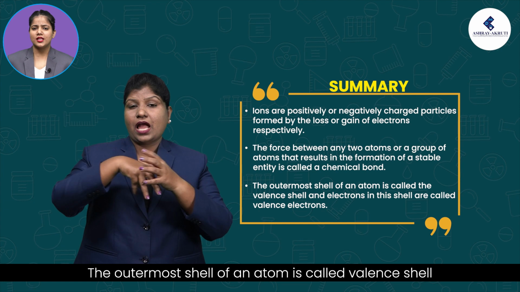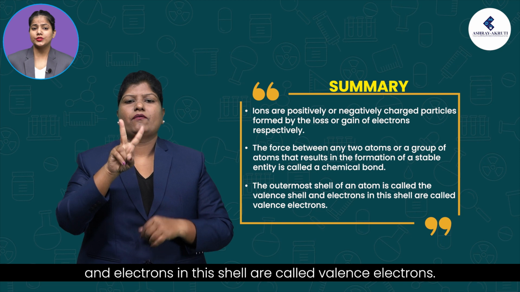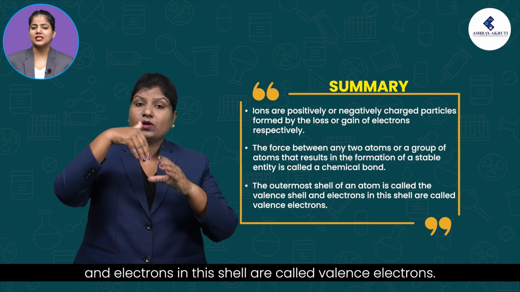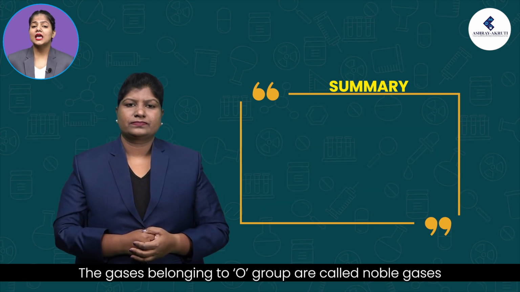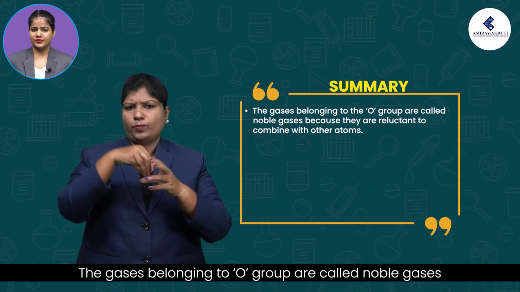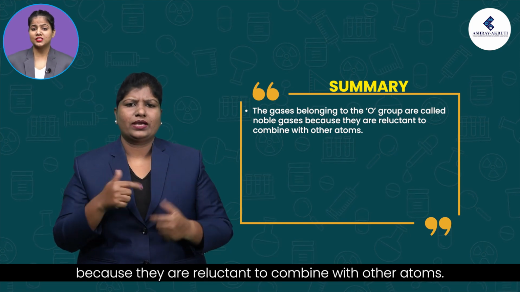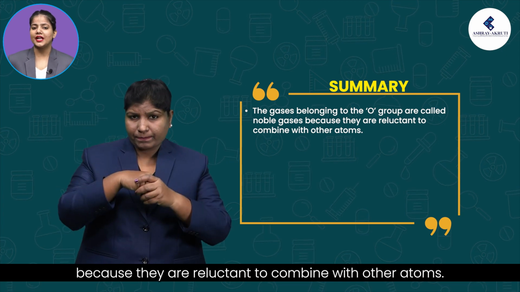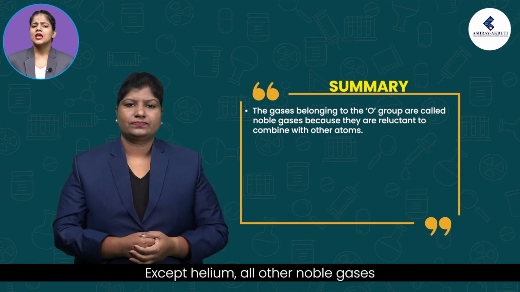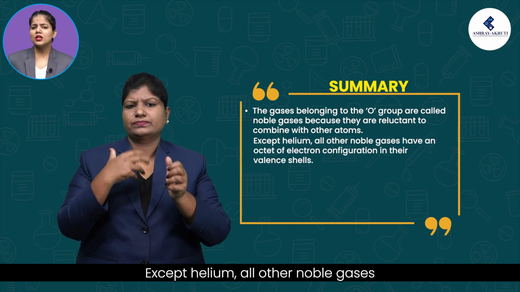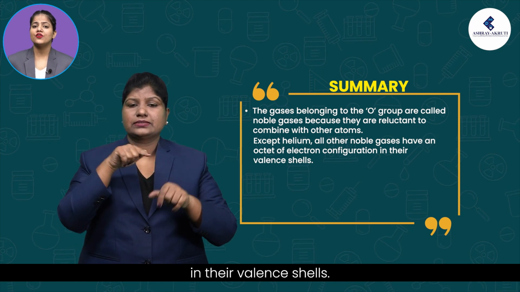The outermost shell of an atom is called the valence shell and electrons in the shell are called valence electrons. The gases belonging to zero group are called noble gases because they are reluctant to combine with other atoms. Except helium, all other noble gases have an octet of electron configuration in their valence shells.